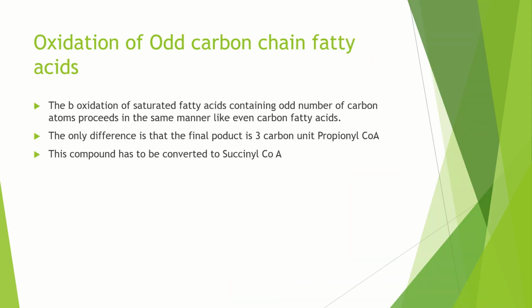Now, we will see the oxidation of odd carbon chain fatty acids. The beta oxidation of saturated fatty acids containing an odd number of carbon atoms takes place in the same manner as even carbon fatty acids, but the only difference is that the final product formed is propionyl CoA, which is a 3 carbon compound.